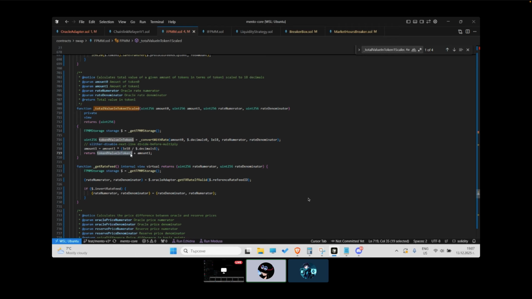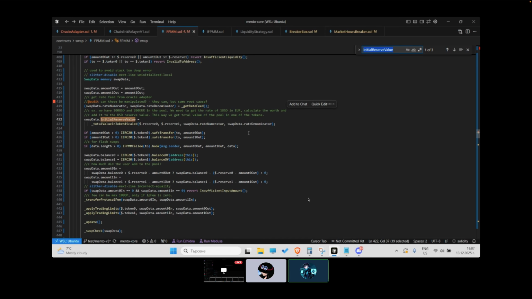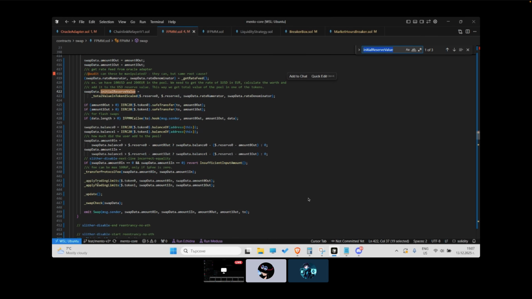But this is not checked anywhere, and it's not used anywhere. What does swap check do? Yep, it's over there. New reserve value.